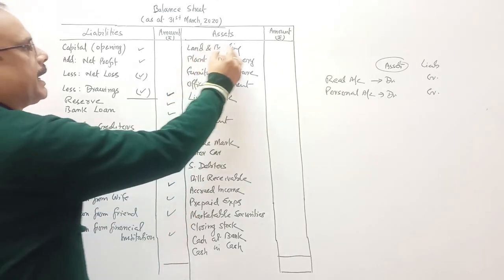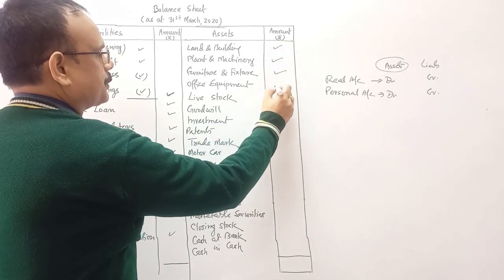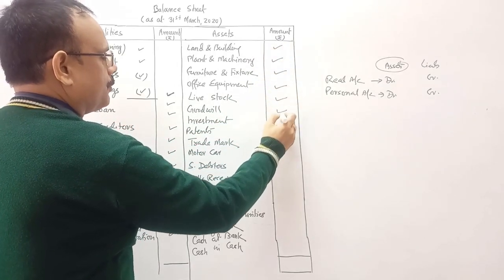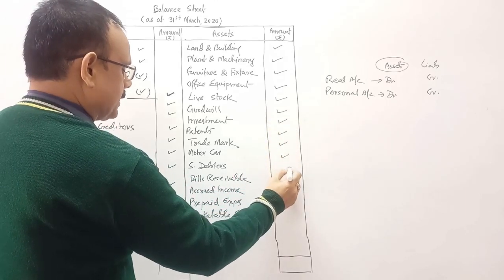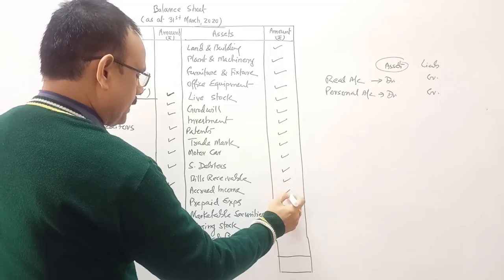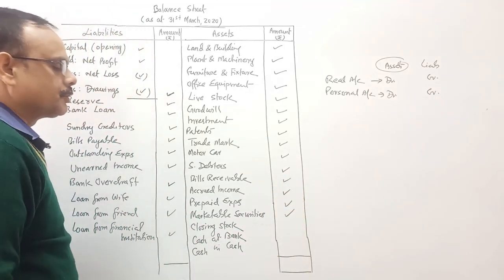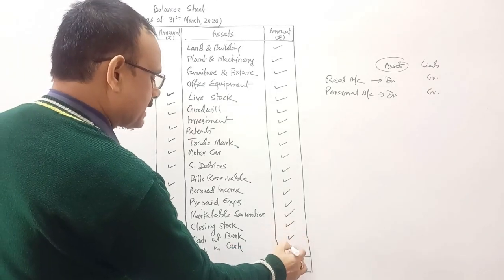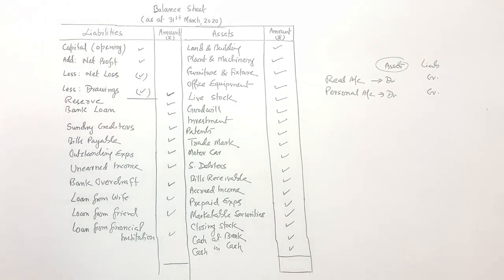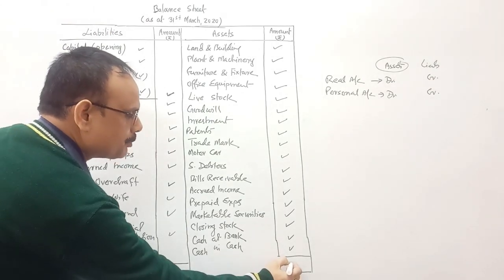So this side, your land and building, plant and machinery, furniture and fixtures, equipment, livestock, goodwill, investment, patents, trademark, motor car, sundry debtors, bills receivable, accrued income, prepaid expenses, marketable securities called short term investment, closing stock, cash at bank, cash in hand. So both sides of the balance sheet must be equal, must be same.